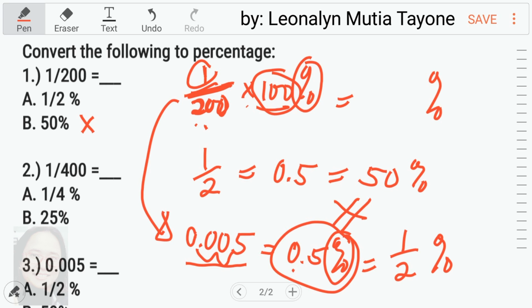Lahat ng whole numbers, numerator yan automatic, at may denominator na 1 yan. So, 1 times 100, that is 100. Then, over 200. 100 over 200, cancel out mo lang yung dalawang 0, pareho lang yan, and that is 1/2%.